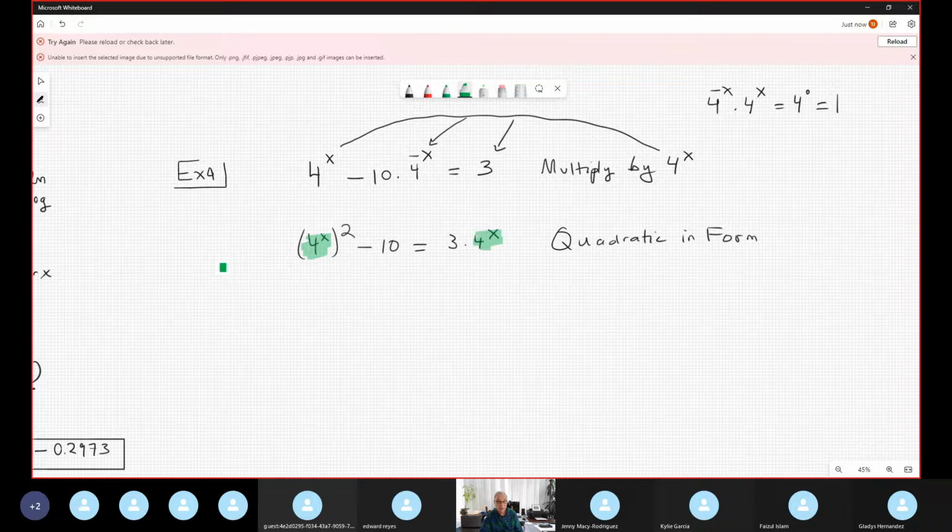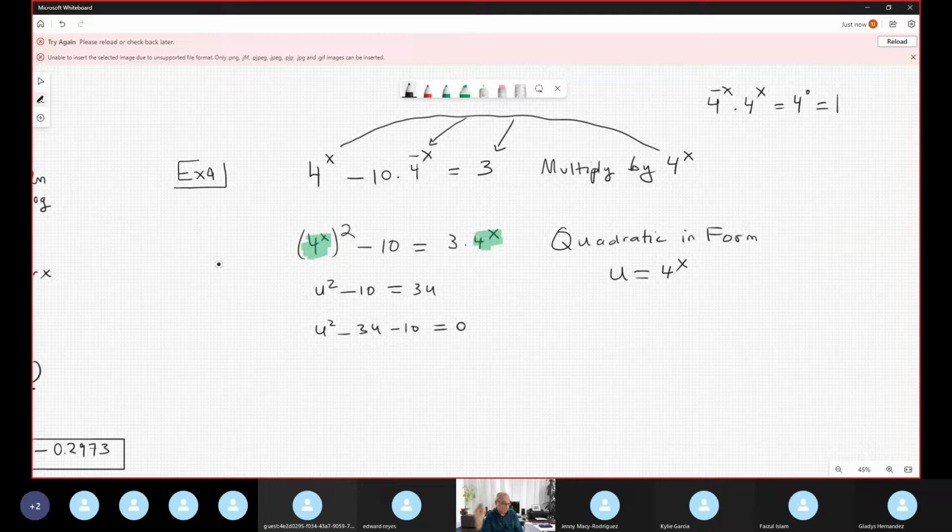Remember, this is a kind of equation that you solve by substitution. 4 to the x is u. So you have u squared minus 10 equal 3u. Wow, easy. u squared minus 3u minus 10 equal to 0.